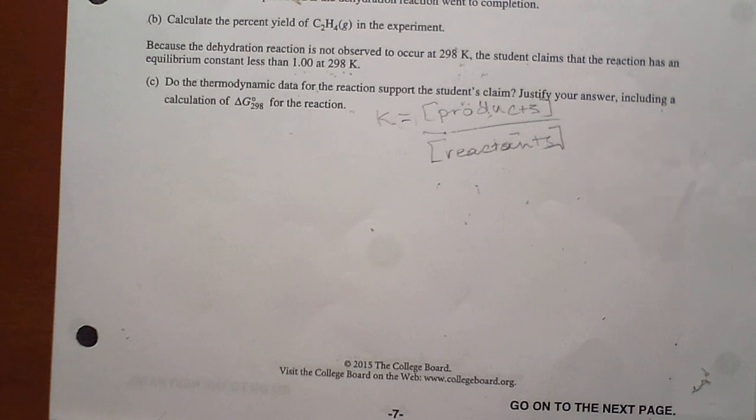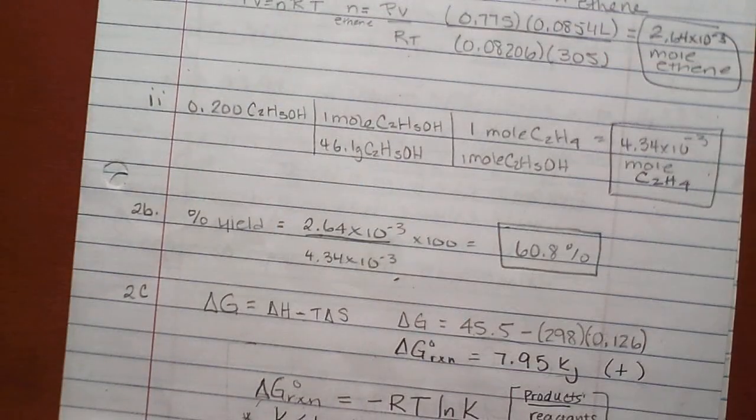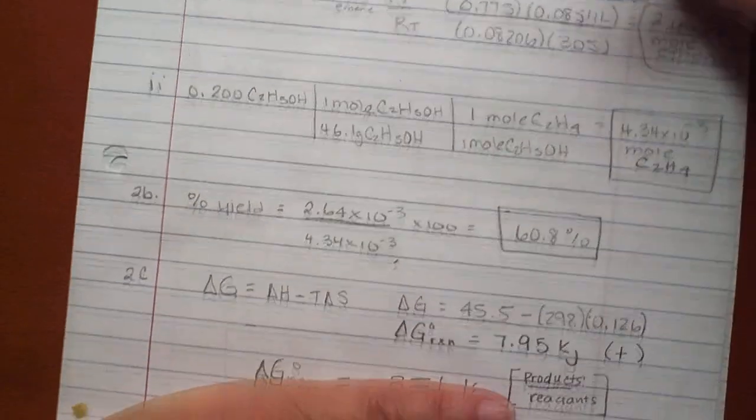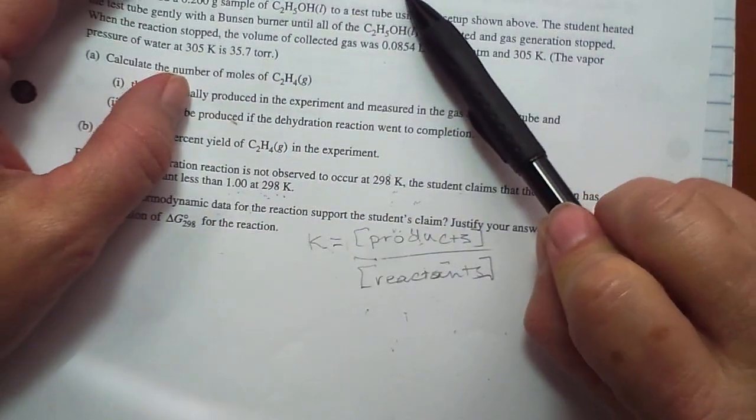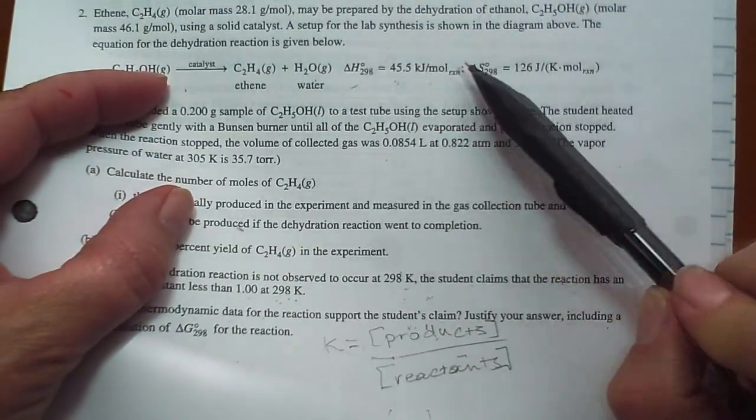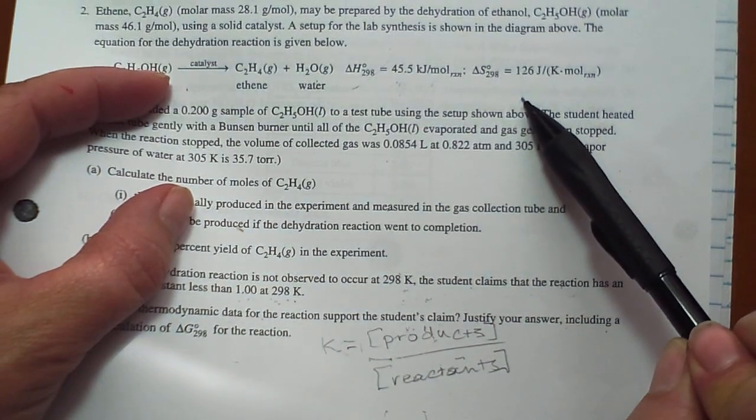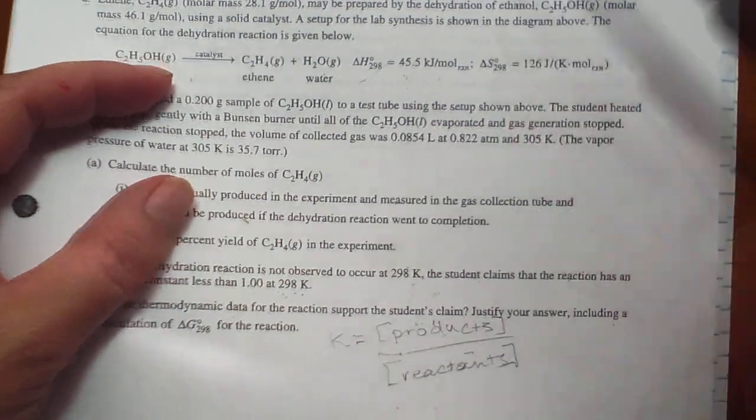All right, so the question is, justify your answer using a calculation of delta G. So first, they give us in the problem the delta H at 298, and the delta S at 298, and we have the temperature.